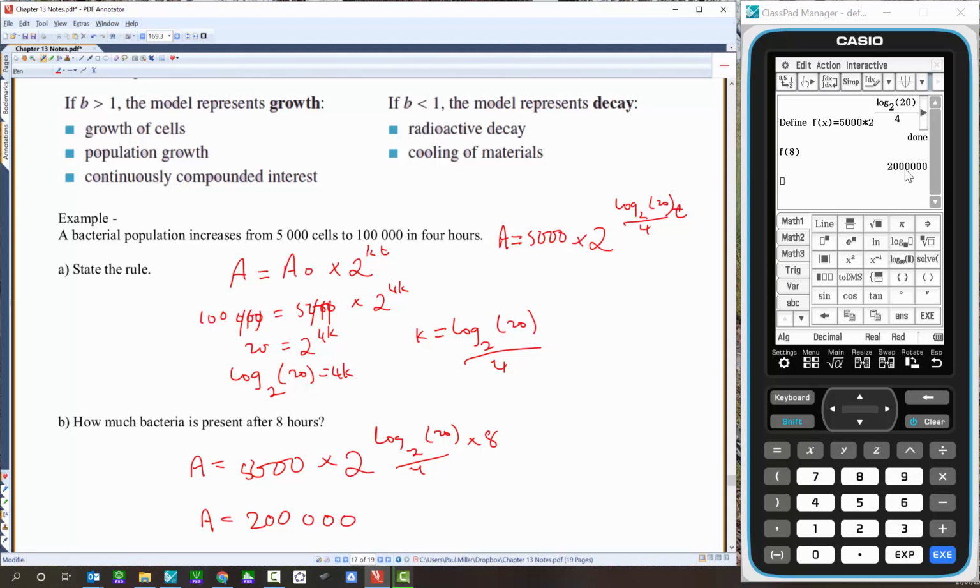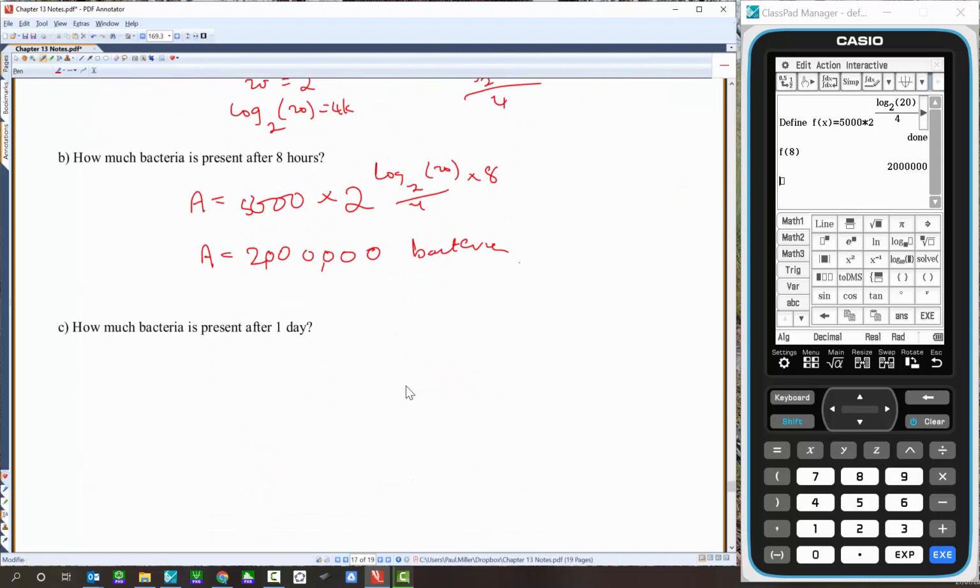I even count 1, 2, 3, 4, 5, 6. 2 million bacteria. Now, we could obviously work this one out by hand. I'm not sure how that has happened. 8 on 4 is 2, so 2 squared. Yeah, I think we shouldn't worry about doing that by hand.